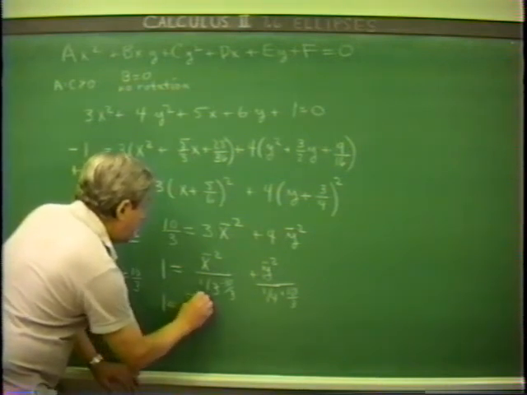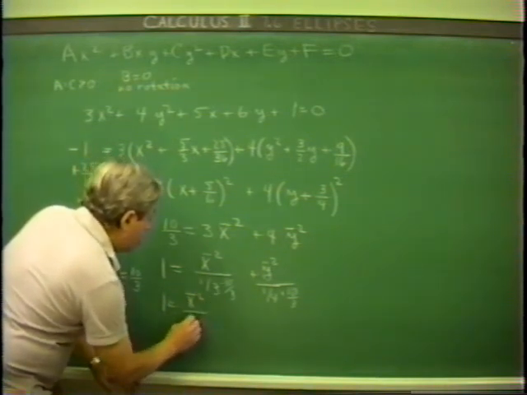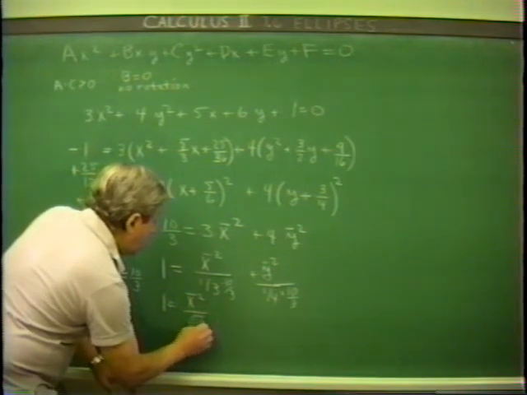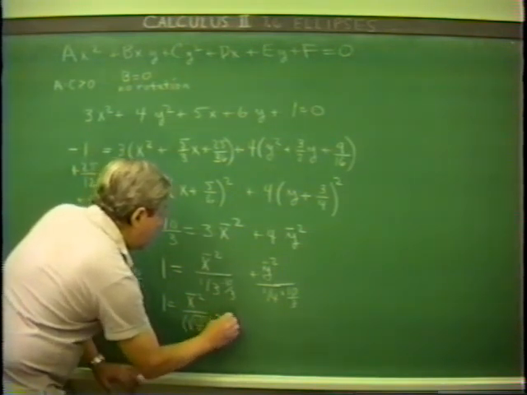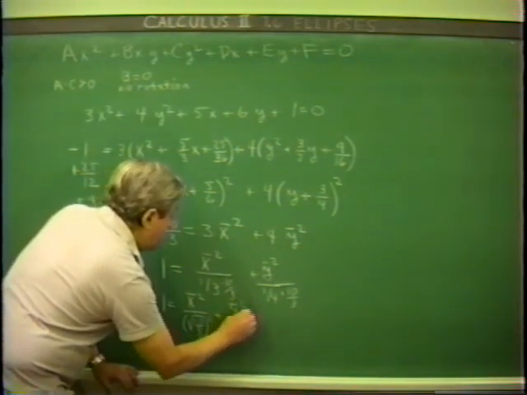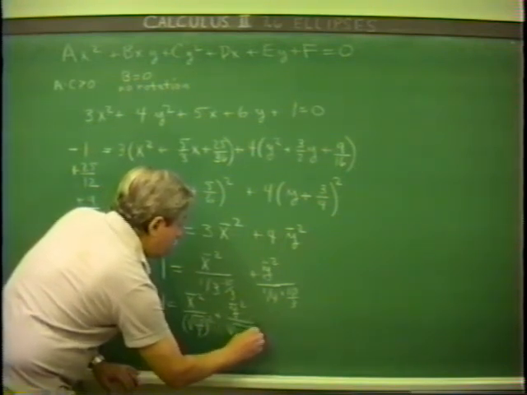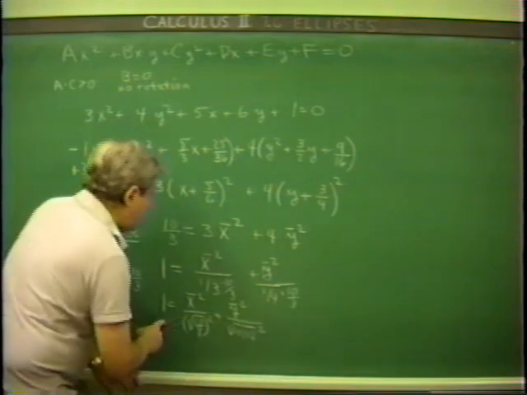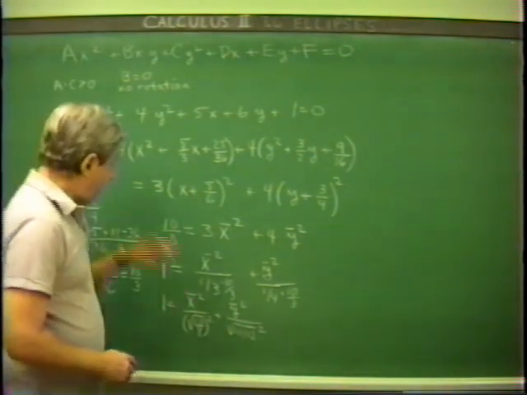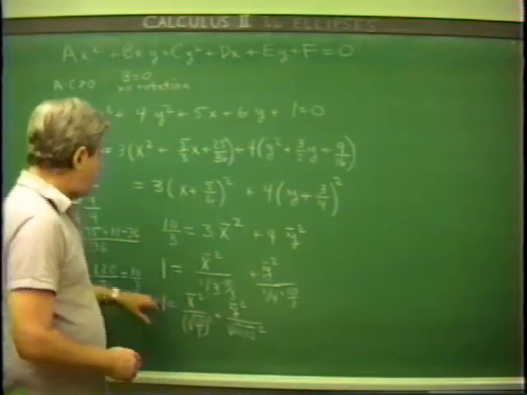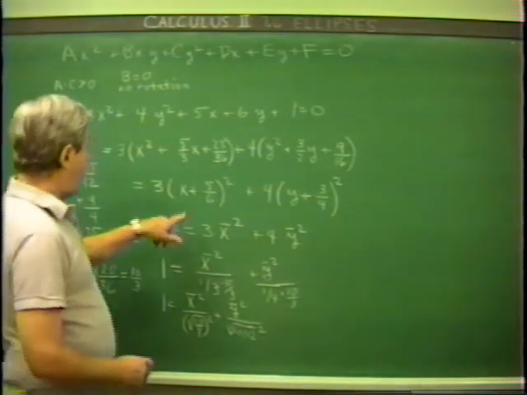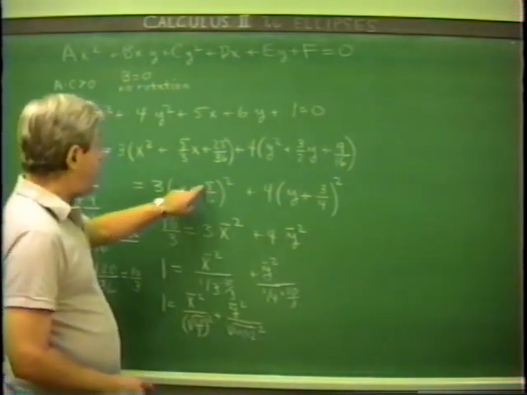That's to say, 1 is equal to x bar squared over the square root of 10/9, squared, plus y bar squared over the square root of 10/12, squared. That's the form x squared over a squared plus y squared over b squared is equal to 1.